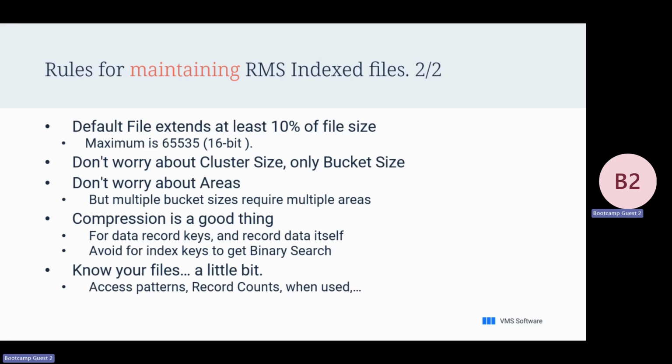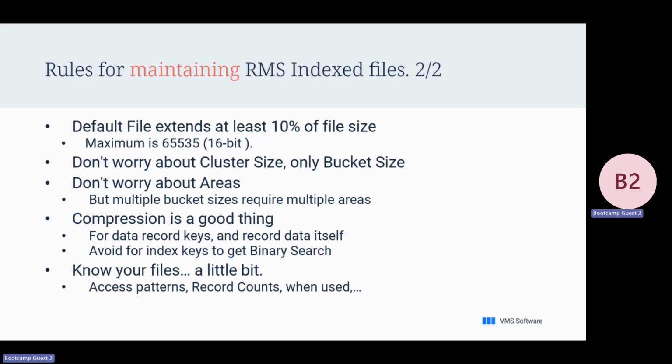Simple tuning is again that file extent should be, if a file needs to grow, make it grow really 25% of the file. You want it to grow only once and not over and over and over, nickel and diming your data. Unfortunately, the RMS file system maximum is 65K blocks, so we're sort of limited here.